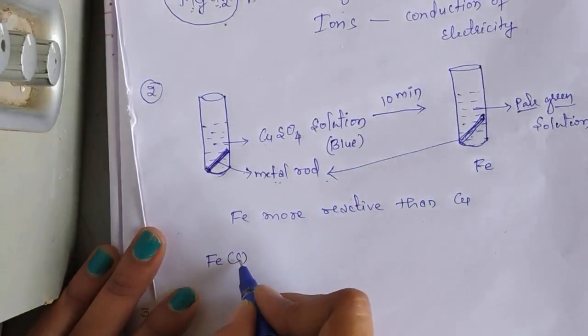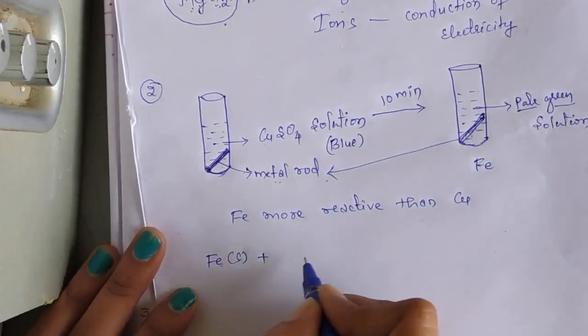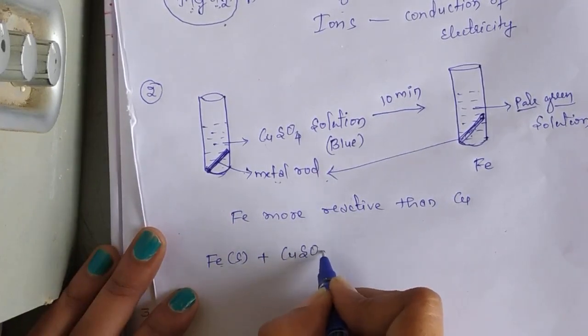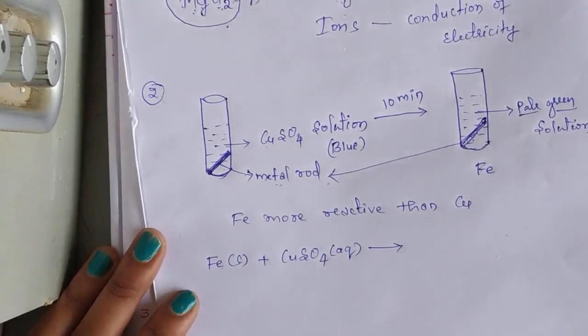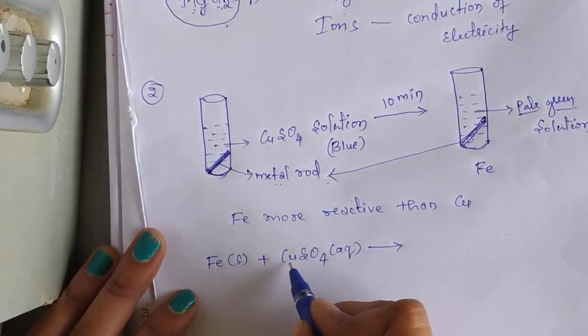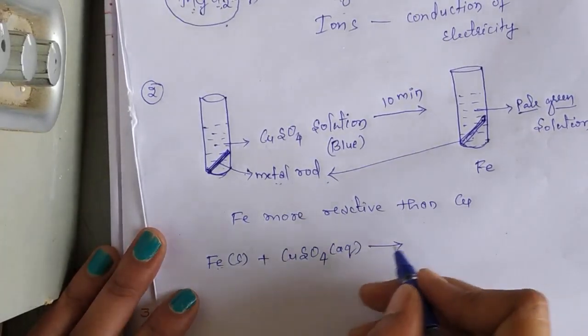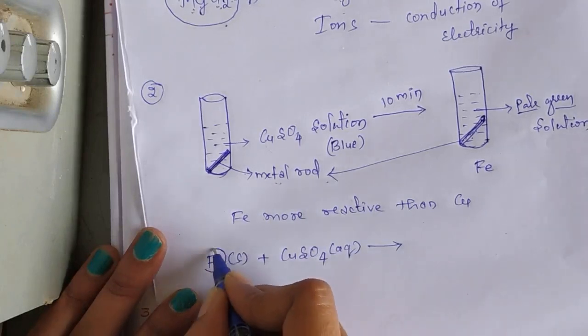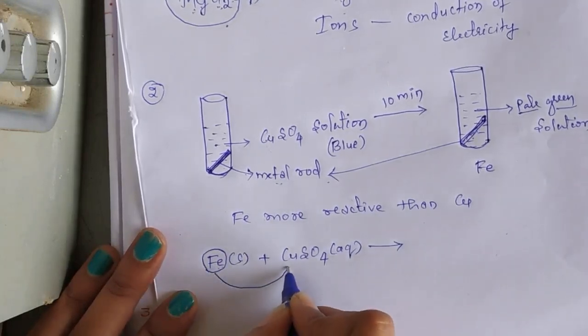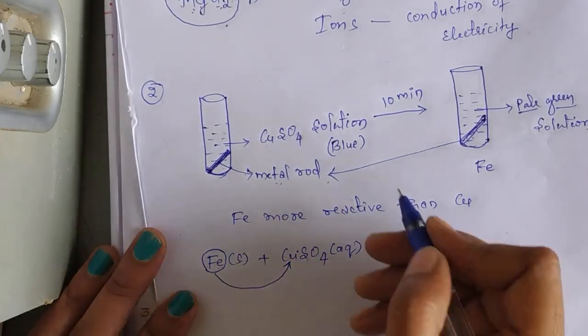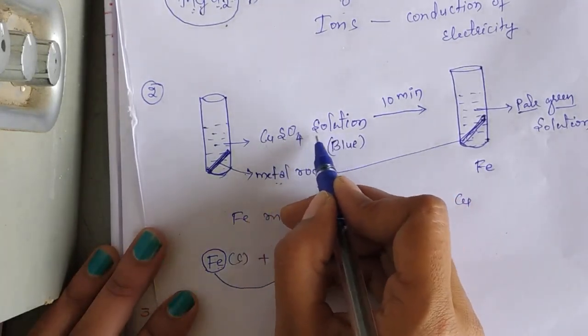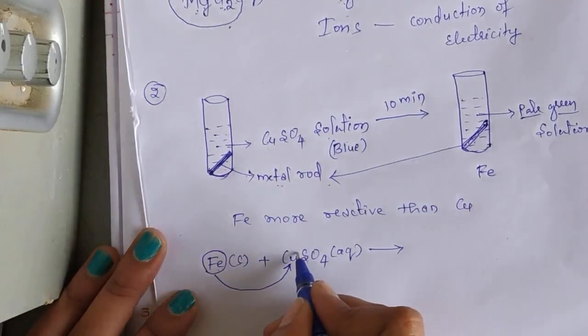So iron is solid, and copper sulfate is an aqueous solution. When this iron rod reacts with the copper sulfate solution, since iron is more reactive, it displaces the copper from the copper sulfate solution. The blue color of the copper sulfate solution is due to the presence of copper ions.